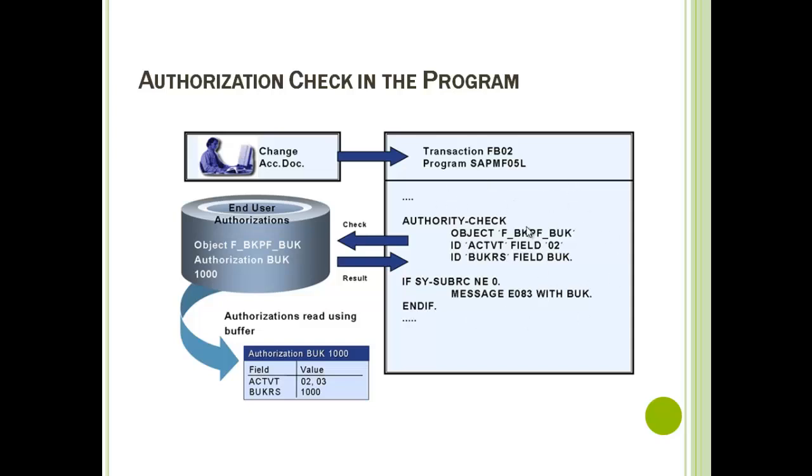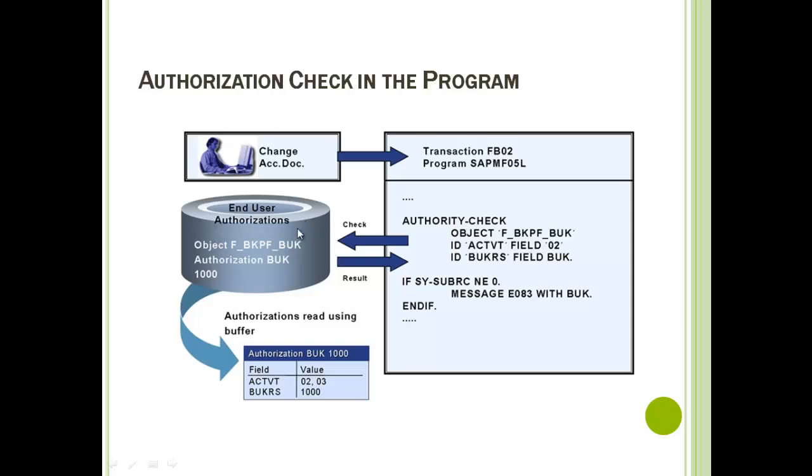That means check whether this authorization object is available for this user with activity 02. BUKRS is the company code, and BUK means the value of the company code which the user is trying to change using this transaction code.